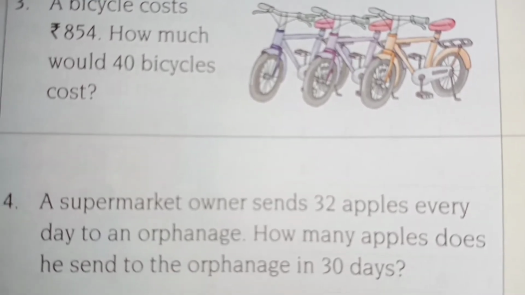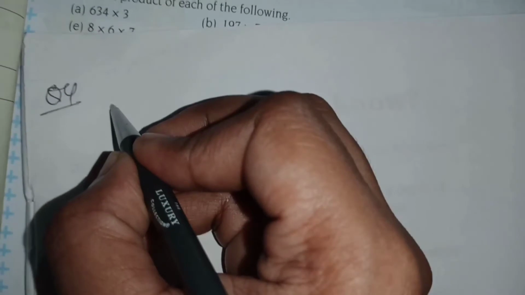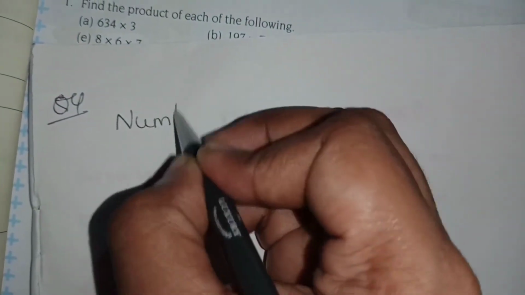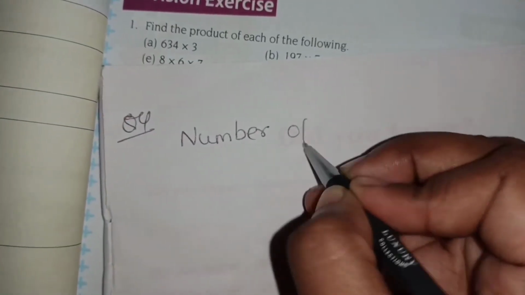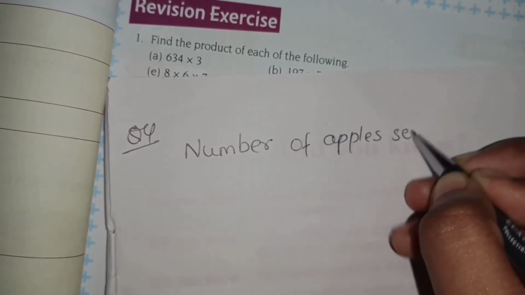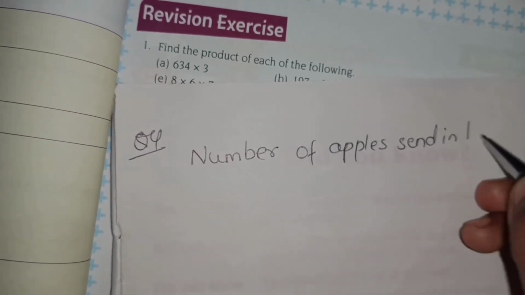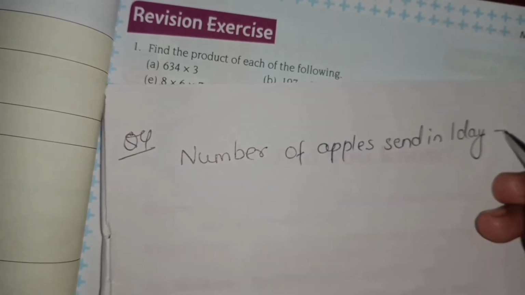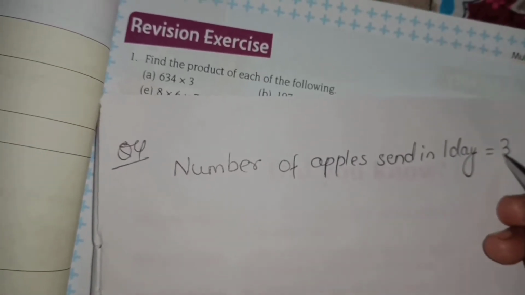Okay, so now let's do. So now let's start. What will we write first? We'll write number of apples sent in one day. So what is the number of apples sent in one day? It is 32.